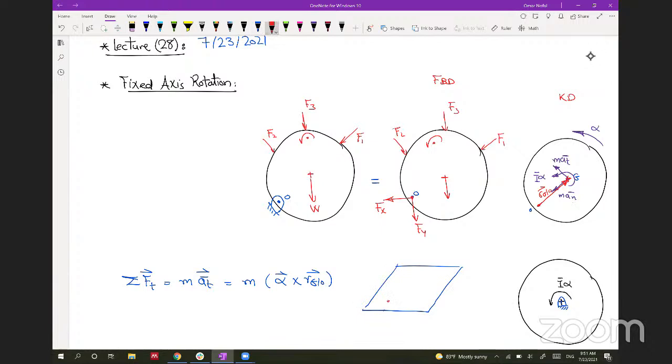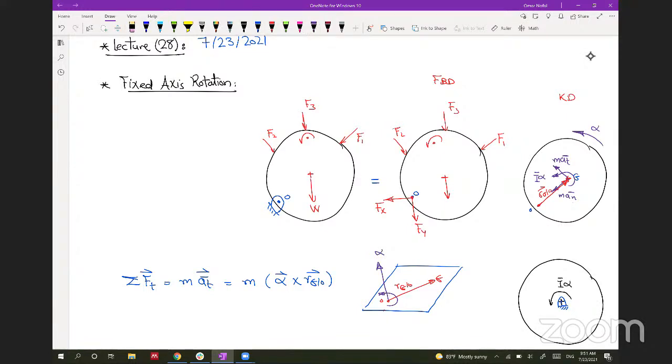So it's something like, okay, let's make it 3D here. So this point O, and this is RG with respect to O. So here's O and here's G. And if you use the right-hand rule, you will find that alpha is going outside the plane like this. So this is alpha. And if you cross alpha by RG with respect to O, it will give you something in the plane like this.